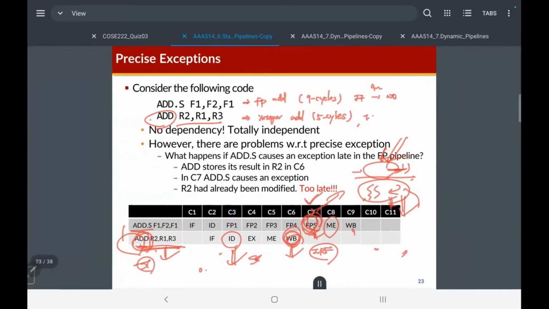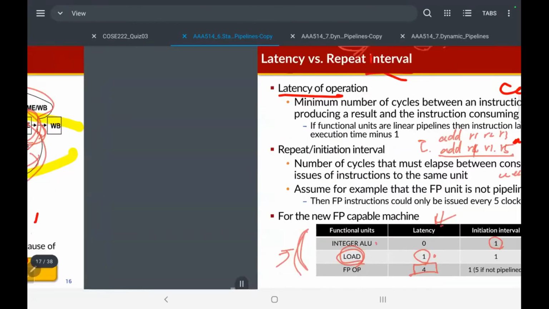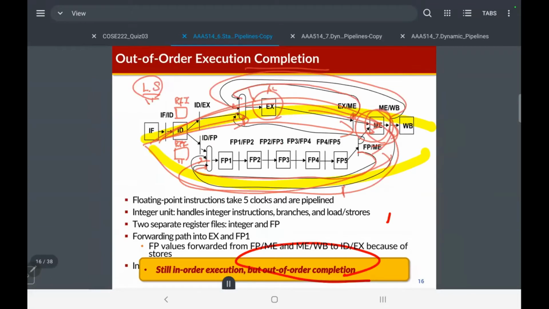Also, precise exception is another issue in this out of order completion processor, because we assume that the processor needs to support precise exceptions, which means that exceptions are handled when an instruction is in the write back stage. But the problem is that this is an out of order completion processor, so the required cycles until the write back stage are different.